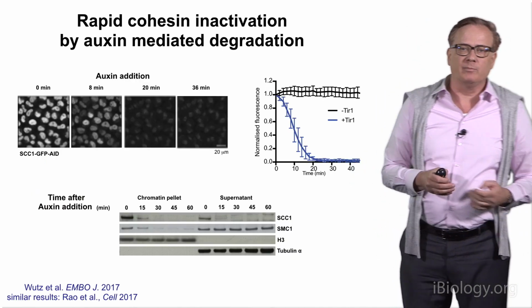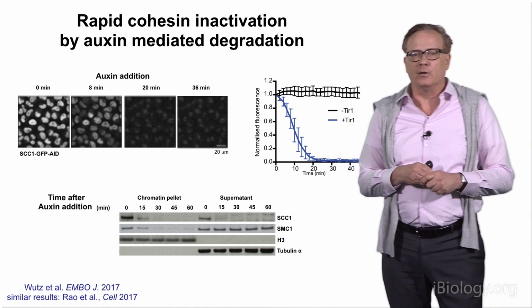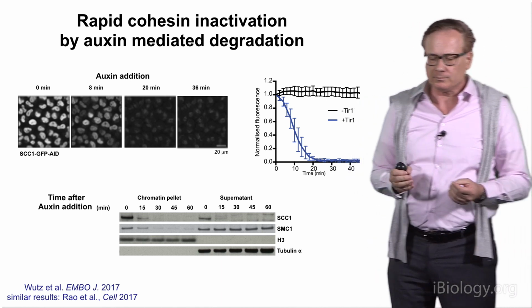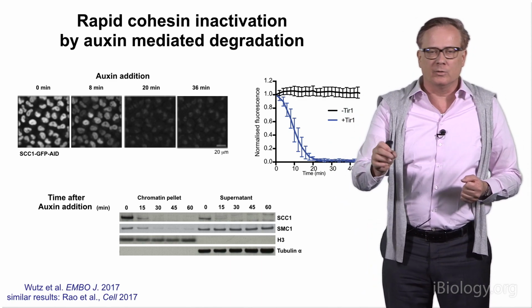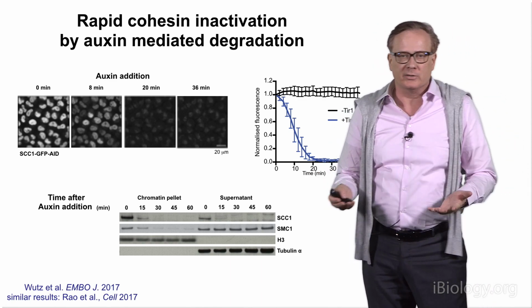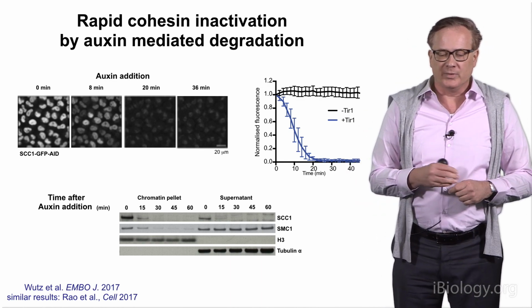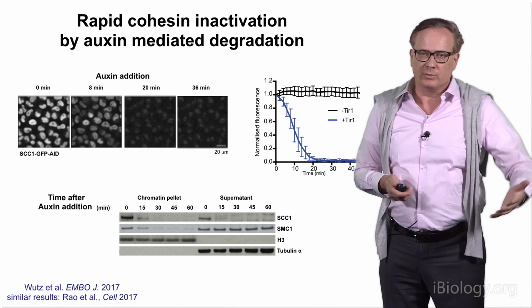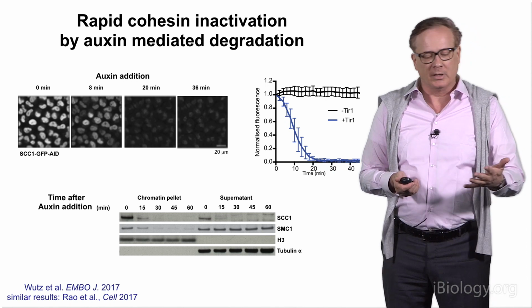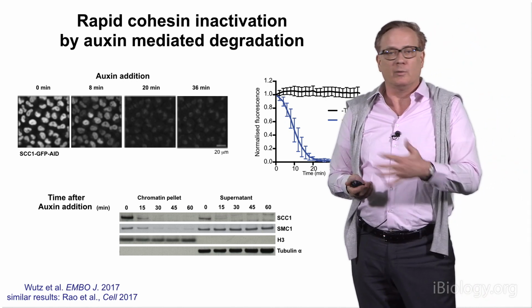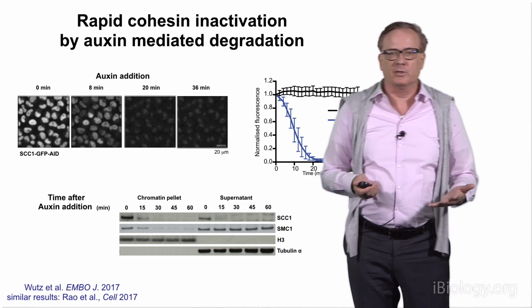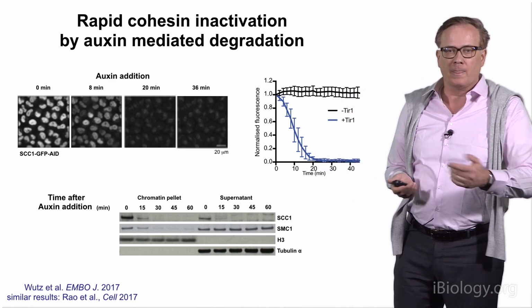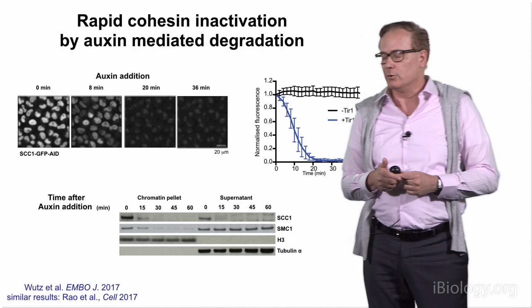And we and others did this by using a technique called auxin-mediated degradation, where one is fusing a sequence domain to a protein of interest, in our case, a subunit of cohesin, that can be recognized by an adapter protein that, under the right conditions, can then target the protein of interest to a ubiquitin ligase, which can then multi-ubiquitinate this protein and thereby target it for destruction by the 26S proteasome.